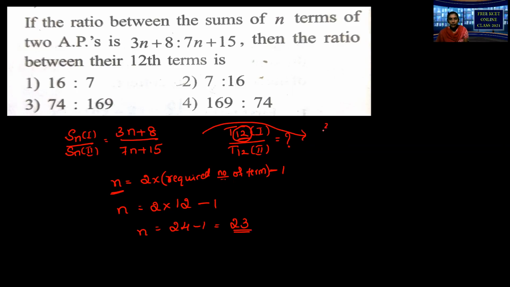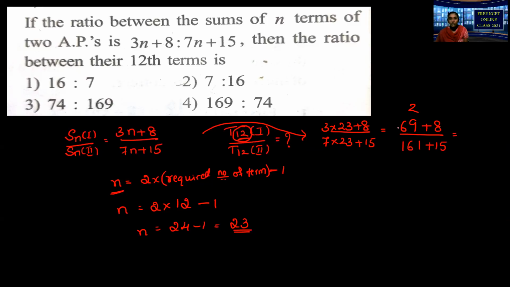So we get 3 into 23 plus 8 divided by 7 into 23 plus 15. 23 3s are 3 3s are 9, 3 2s are 6, 69 plus 8 divided by 7 into 23: 7 3s are 21, 2 carry, 7 2s are 14, 14 plus 2, 16, 161 plus 15.